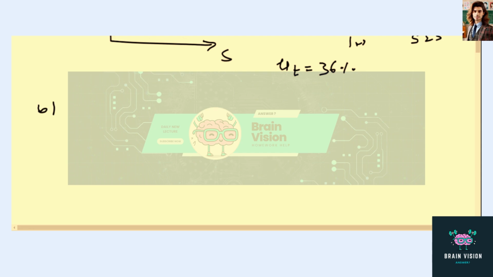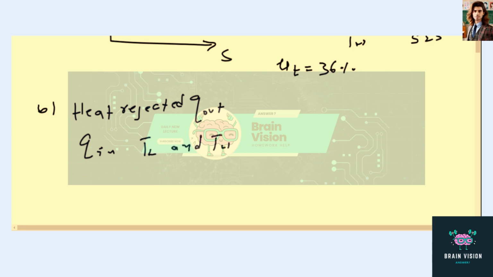To determine the heat rejected, in this part we find out heat rejected, that is Q out. We will need the heat input, that is Q in, and the given low temperature TL and the high temperature TH.